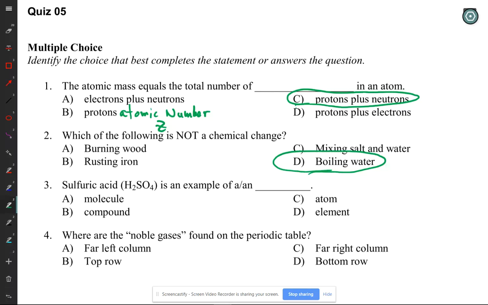You have oxygen and whatever the fuel is that we haven't talked about yet undergoing a reaction. Rusting, these are all examples that we talked about in class. Rusting is, again, oxidizing of iron, so it's a chemical reaction. Mixing salt and water, the sodium and chloride dissociate in the water so that they're no longer bound together.